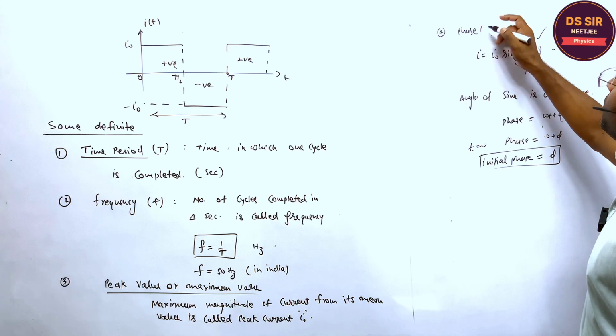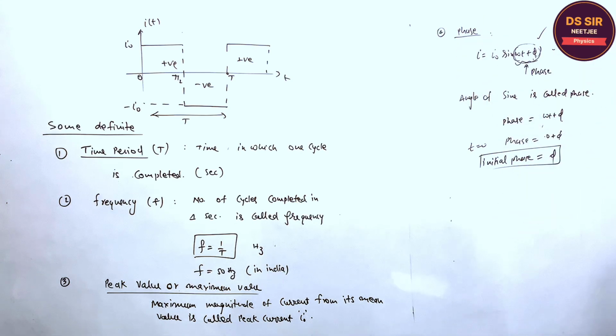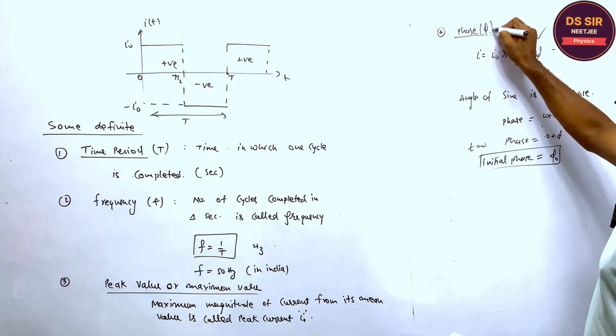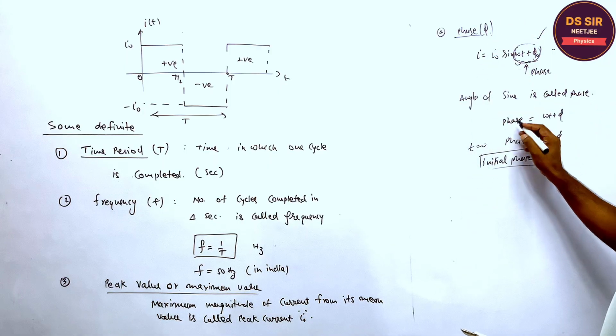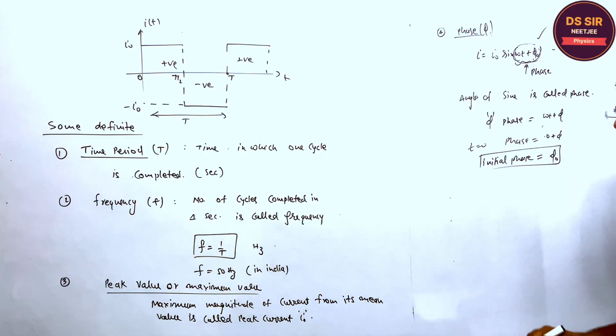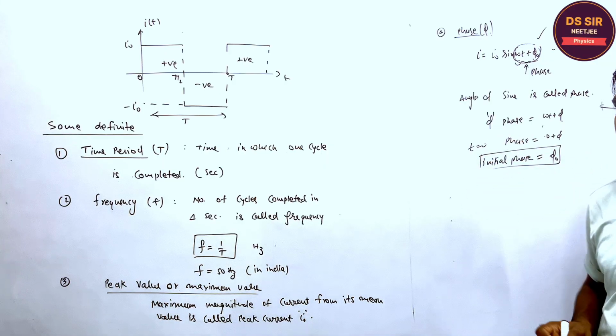It may be written as phase only. Or you may write this as phi naught, the initial phase, and phi may be treated as the total phase.